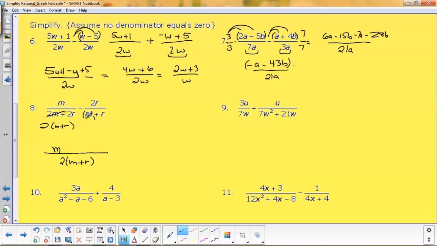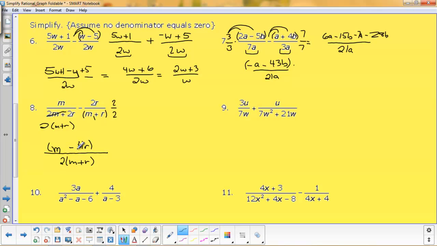Notice in the second fraction, I only have m plus r, which means that in order to make this denominator the common denominator, I need to multiply it by 2. So that means I get minus 4r. Now notice that these are quantities, this one here and that one there, so there's nothing more I can do. That is my final answer.